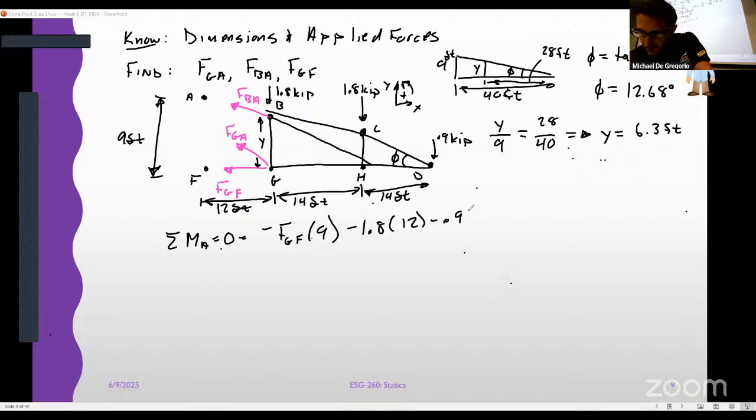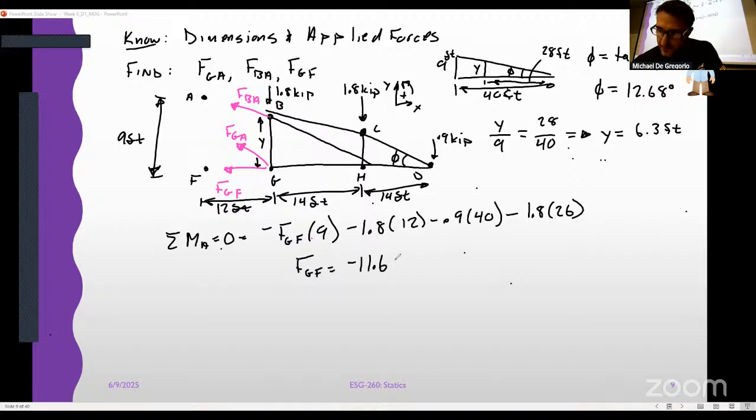Minus 0.9 times 40, minus 1.8 times 26. Sorry, I did that out of order. I apologize. We can solve directly, and we find that FGF is equal to negative 11.6 kip, which is compression.